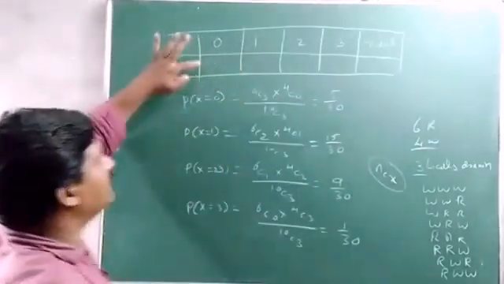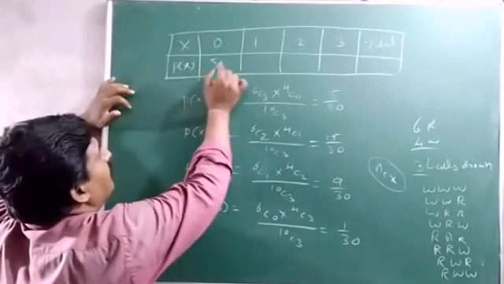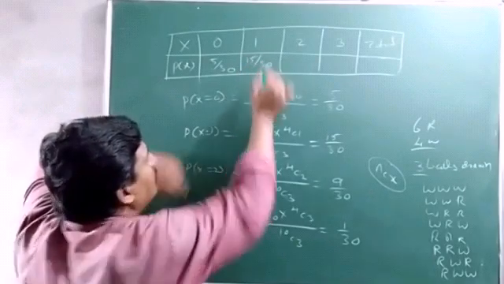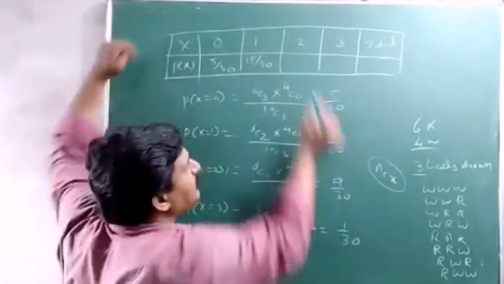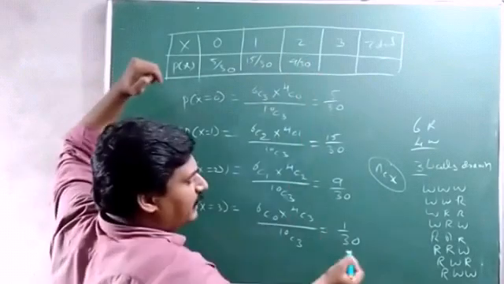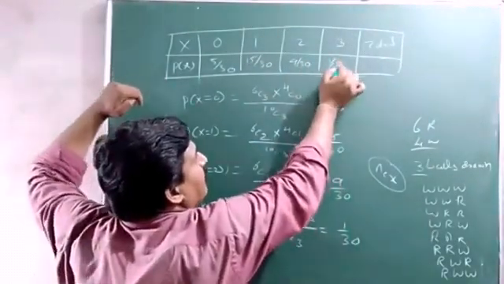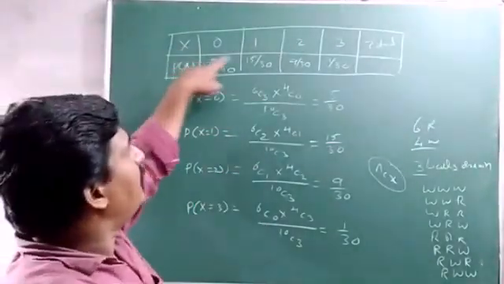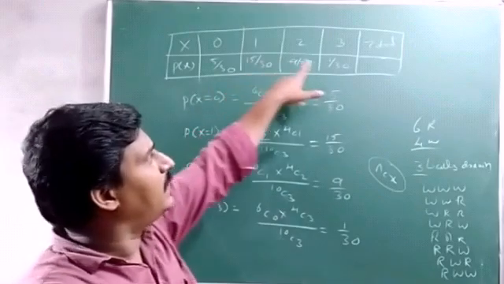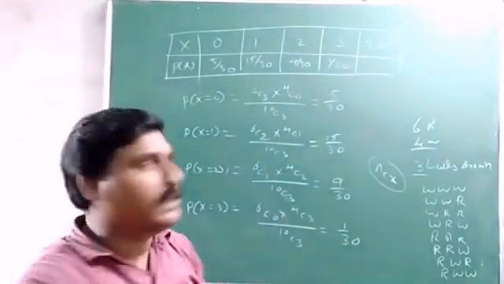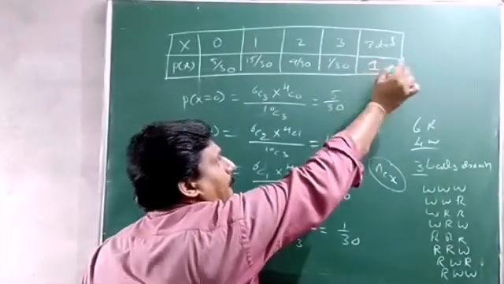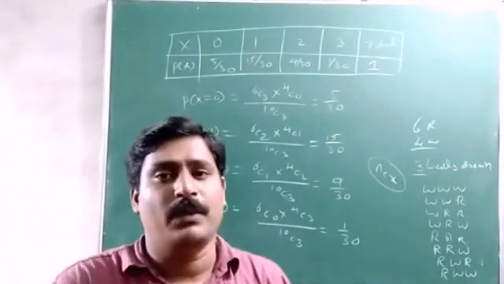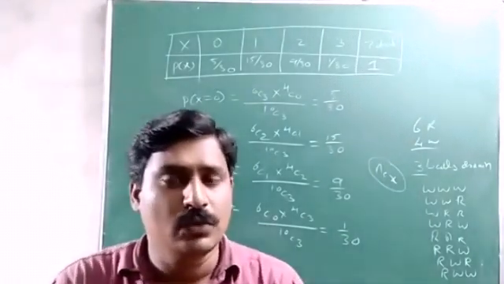P of 0 white is 5 divided by 30, probability of getting 1 white ball is 15 divided by 30, probability of getting 2 white balls is 9 divided by 30, and finally probability of getting 3 white balls is 1 divided by 30. Now make the total: 5 plus 15, 20, 20 plus 9, 29 plus 1, 30. 30 divided by 30, the total is 1. So the sum total of all the possible probabilities is equal to 1.